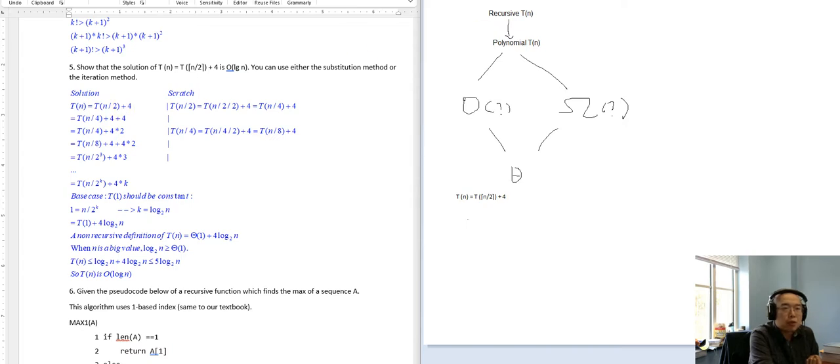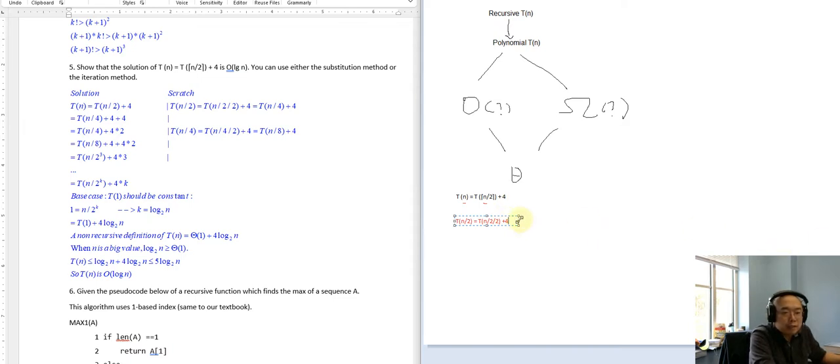So what I'm going to do is erase this n and this n, and substitute them with n divided by 2. This means for this n, I want to plug in n/2 here, and for this n, I want to plug in n/2 here. So T(n/2) equals T(n/2 divided by 2) plus 4.